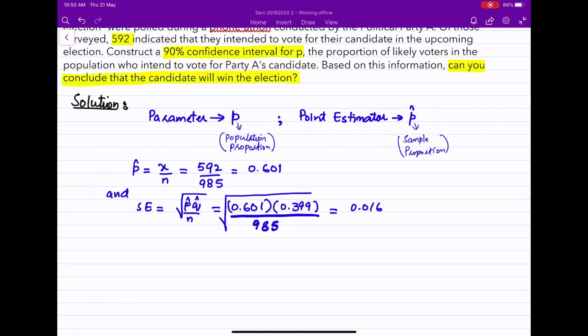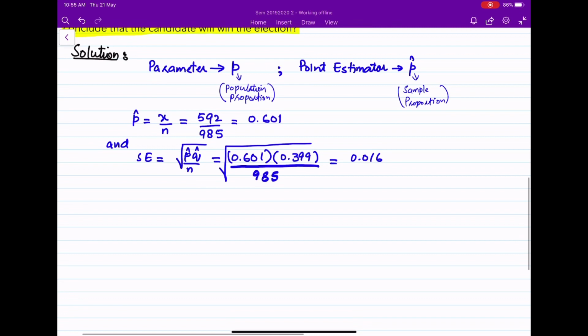Okay, now we can construct the 90% confidence interval for P by using these values of P hat and standard error.